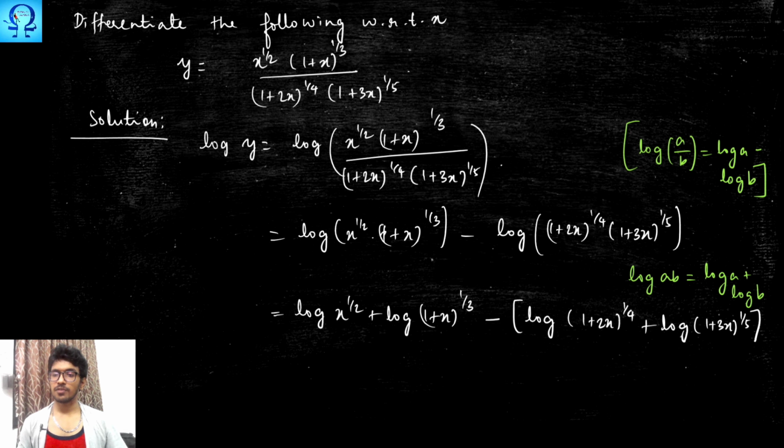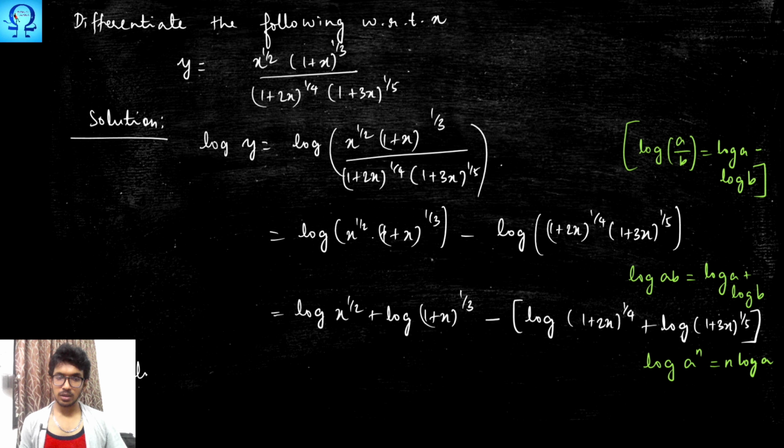1/5. Right? Now we will make use of another property of logarithm, that is log a to the power n is nothing but n times log a. So when you apply it, what are you going to get?